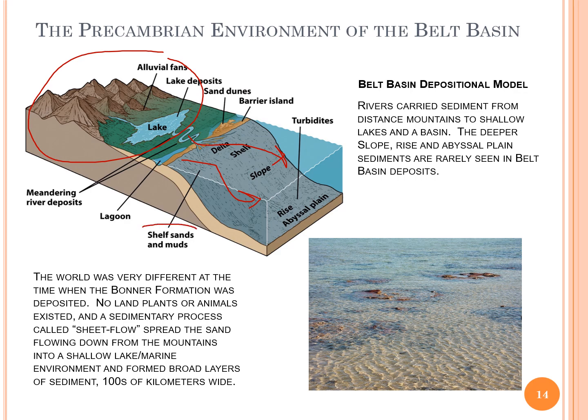And here, as I outlined here, you have the shelf sands and muds, much like you would have, say, the modern Mississippi, as it tries to fill in the Gulf of Mexico. Now, I want to point out and remind you that the Bonner quartzite and the belt basin formed 1.5 billion years ago. At that time, the world was extremely different. So mountain ranges were still forming, and lakes and rivers and all that were forming.